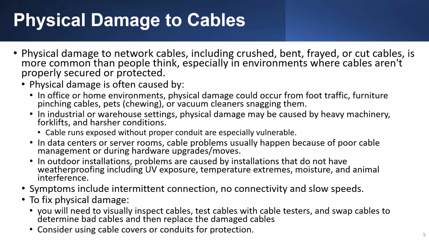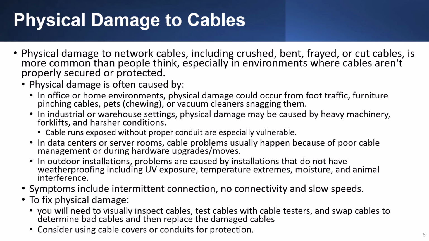Cable runs exposed without proper conduit are especially vulnerable. In data centers or server rooms, cable problems usually happen because of poor cable management or during hardware upgrades and/or moves. In outdoor installations, problems are caused by installations that do not have weatherproofing, including UV exposure, temperature extremes, moisture, and animal interference.